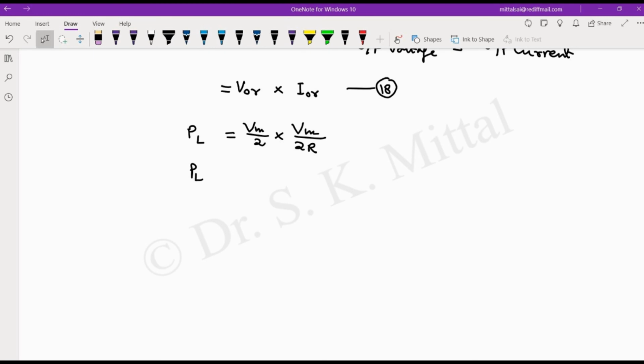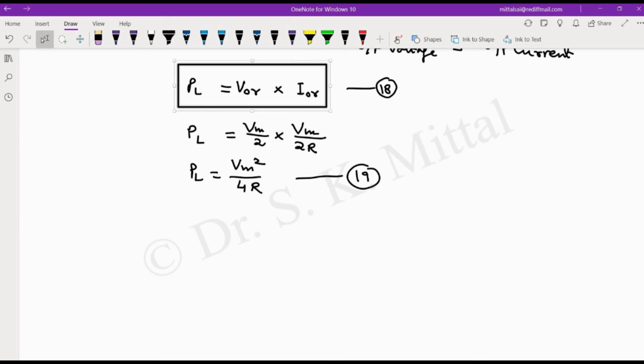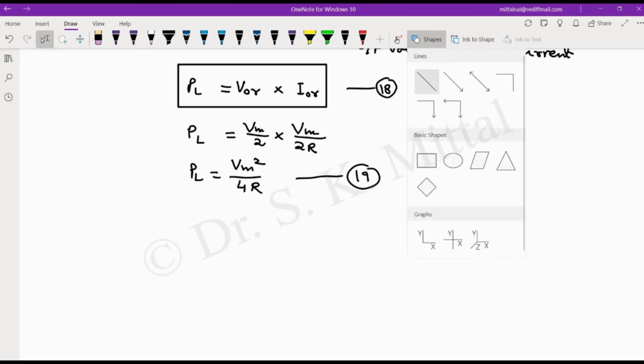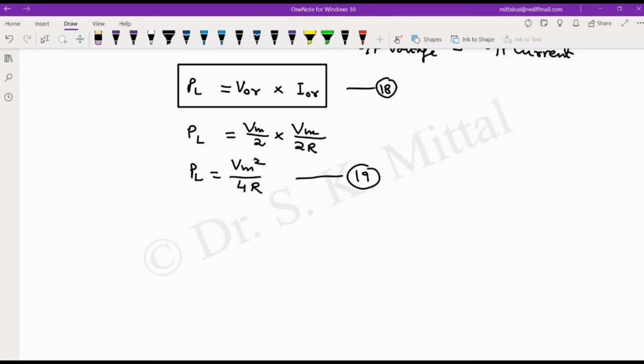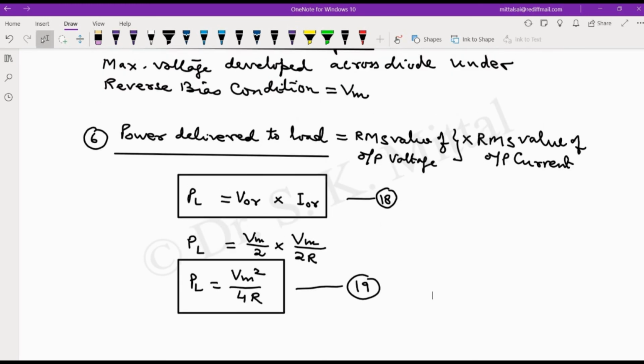Therefore, power delivered to load can be represented by Vm square divided by 4R. So for numericals, we can use equation number 18 or equation number 19 for calculation of power delivered to load.